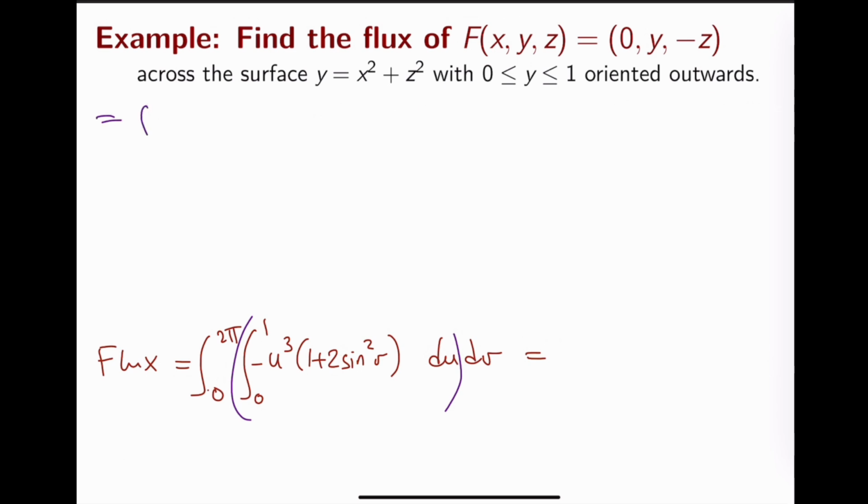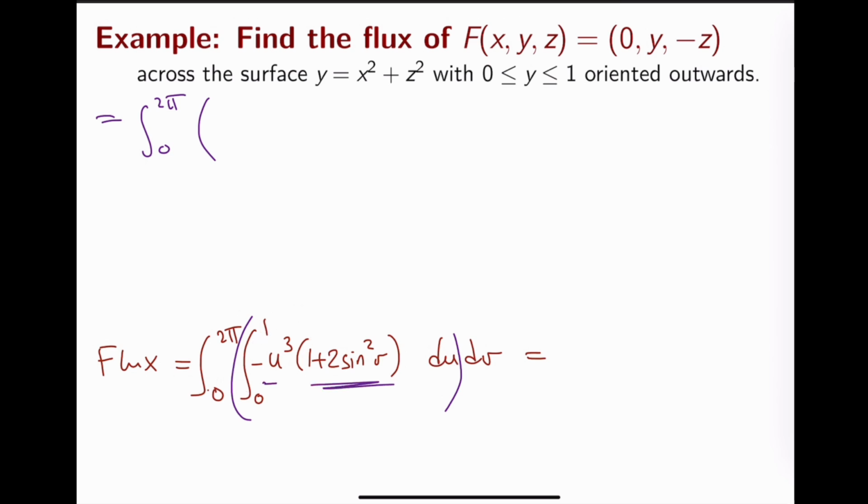Okay, so now we integrate this function. We're going to have the integral between 0 and 2 pi of, and so integrating this function here with respect to u, all this part is a constant, right? All this part is going to be out of the integral, and we are going to integrate just this part.